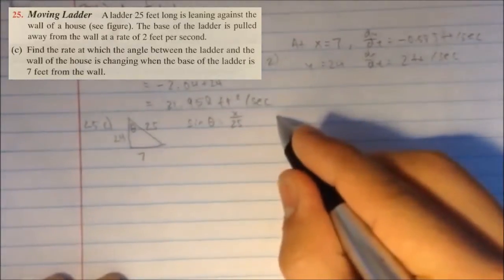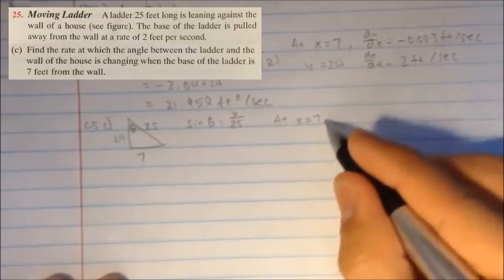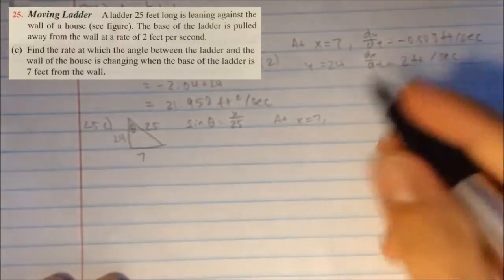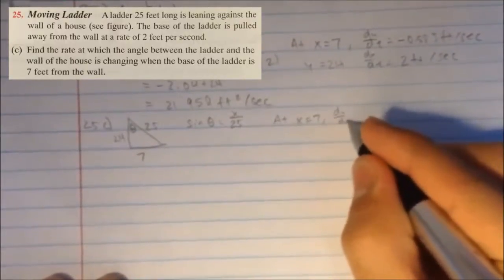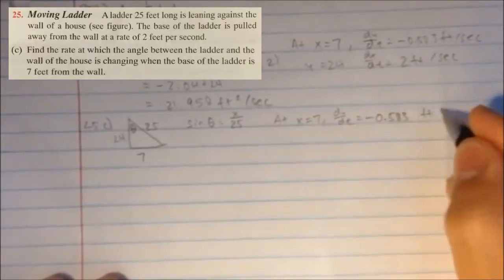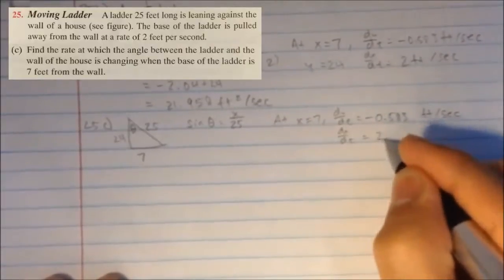So when the base length is 7, at x equals 7, we already found in 25A dy over dt equals negative 0.583 feet per second, and dx over dt is always 2 feet per second.